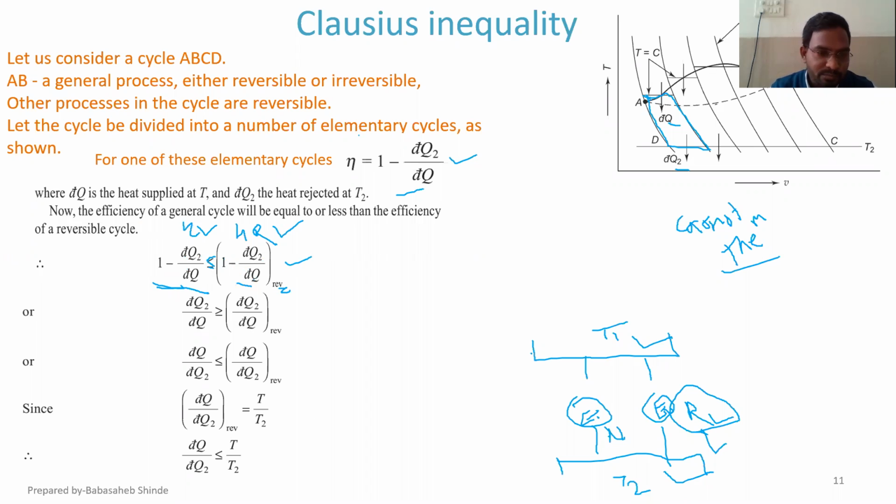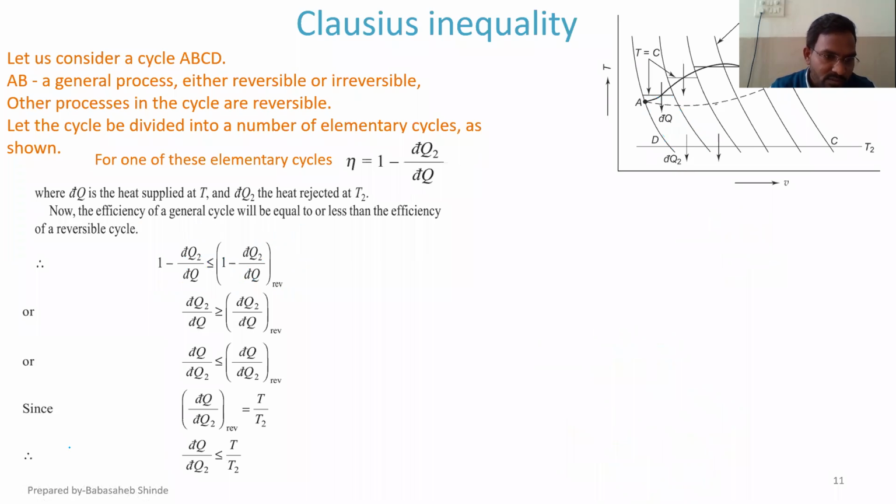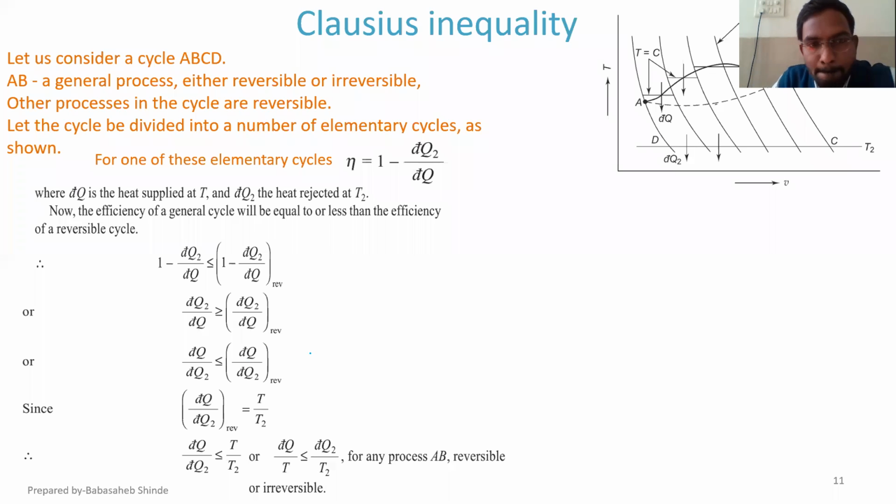This one we know. Now let's look into this derivation. This is for the normal engine and this one is for the reversible engine. So the reversible engine has more efficiency than the normal.